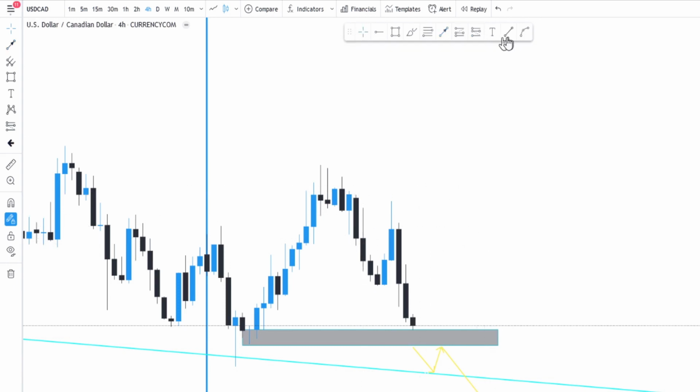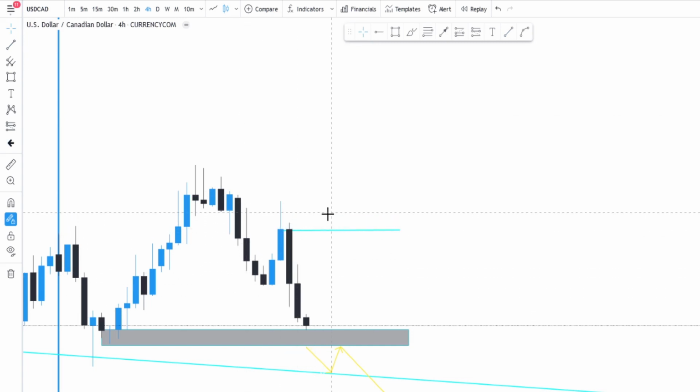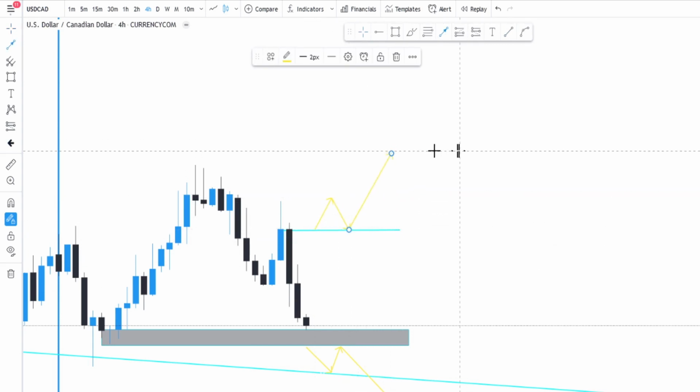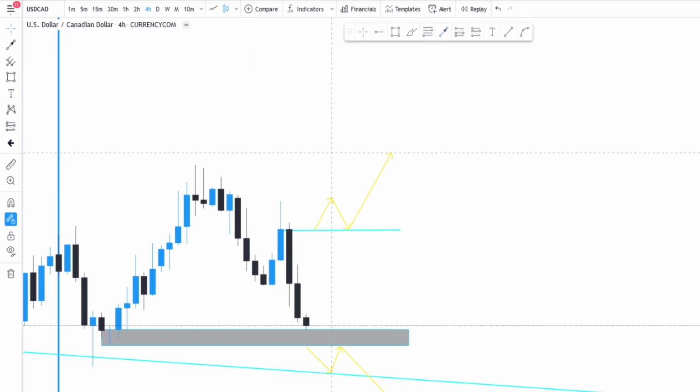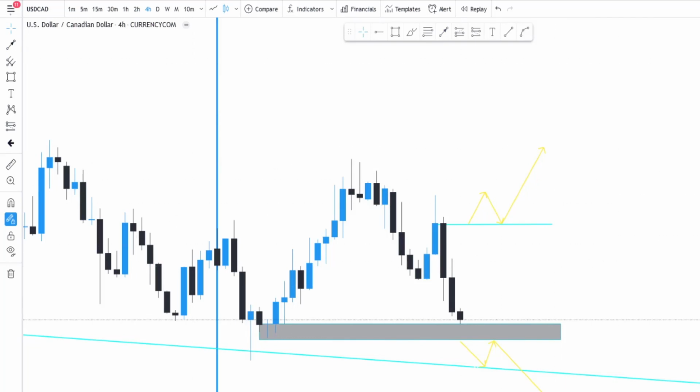Or we can place our buy here, if we see a break of this structure, then retest and then go up. Break, retest, then go up. Let's make it simple to see here. So let's go to the next pair.